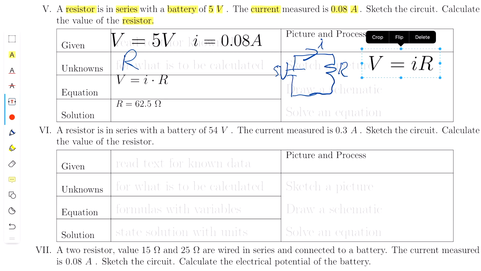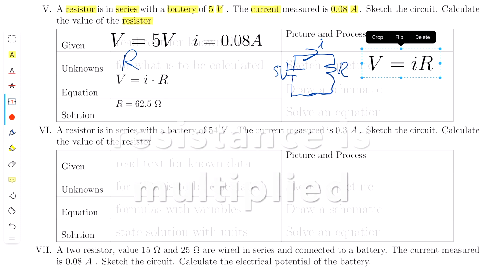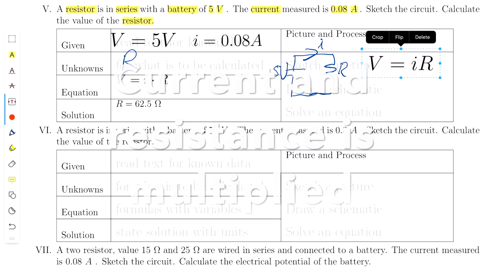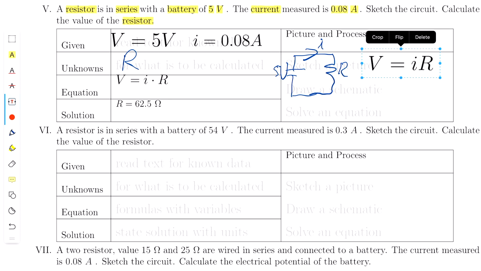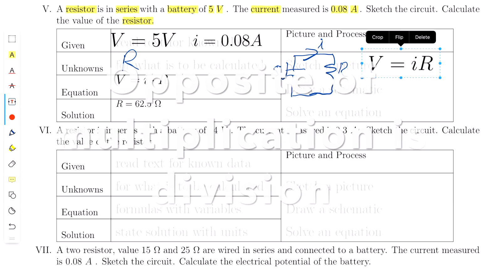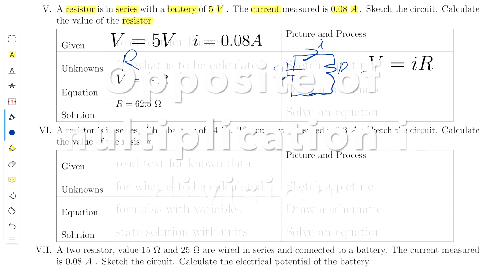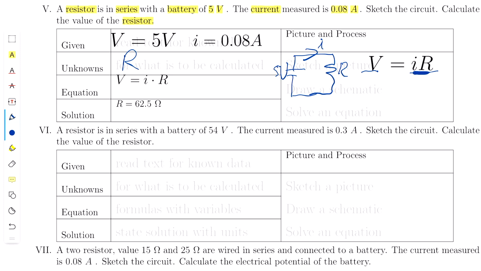So the current and the resistance are multiplied. The operation between the current and resistance is multiplication. So the opposite of multiplication is division. We need to divide both sides by I in order for the equation to look like R equals.